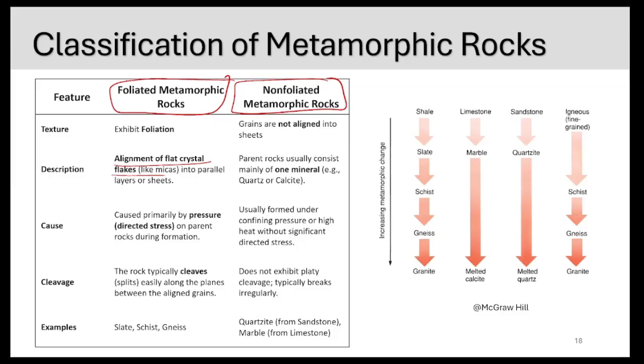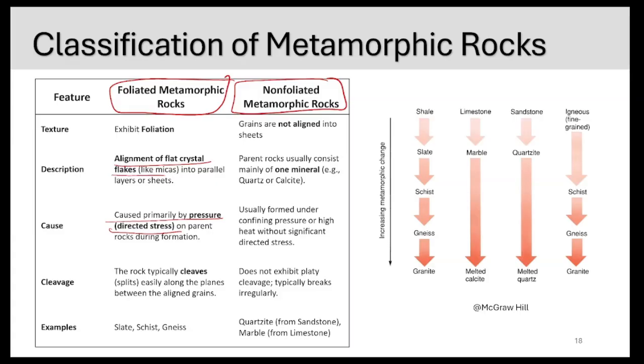This texture is caused by directed pressure, meaning the pressure is not random, rather it's directed in one direction, causing the rock to form aligned flat crystal structures. Or instead of pressure, it could be stress pushing on the rock from the sides.